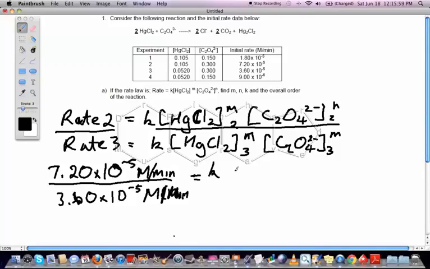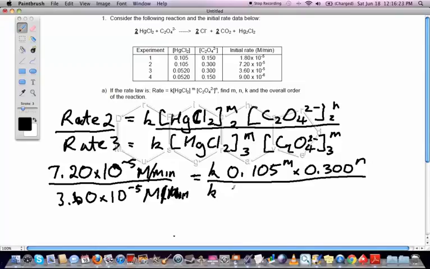And we're going to go ahead and sub in our values again. And we'll have 0.0520 down here in this instance.